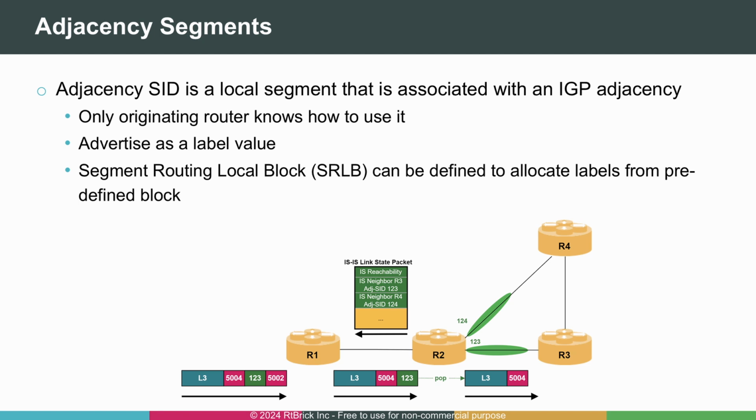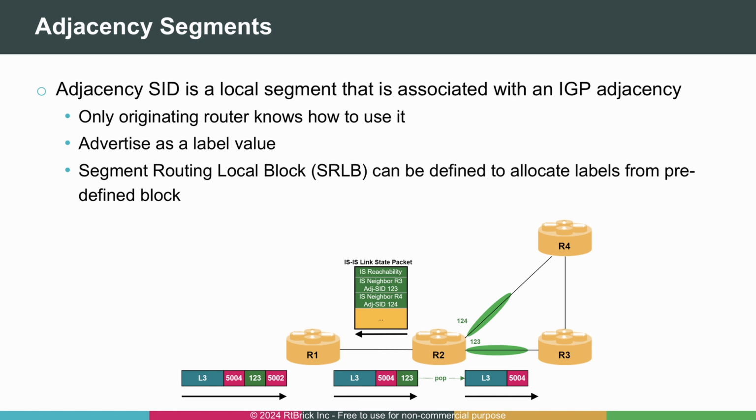Because the label has only local significance, other routers do not need to interpret or act upon it. Some implementations support the configuration of a segment routing local block, which is a local label range used to allocate adjacency SIDs. However, unlike the SRGB, the SRLB is not advertised to neighbors, as it is only relevant to the originating router's local operations.